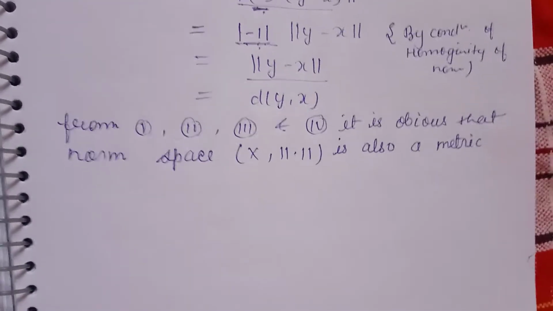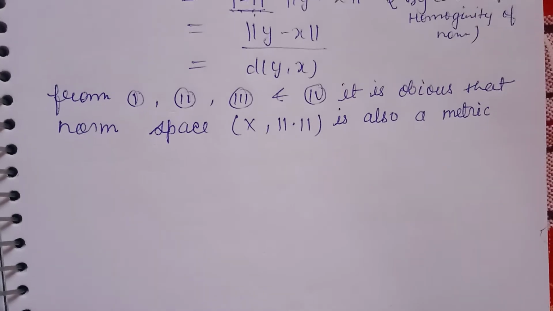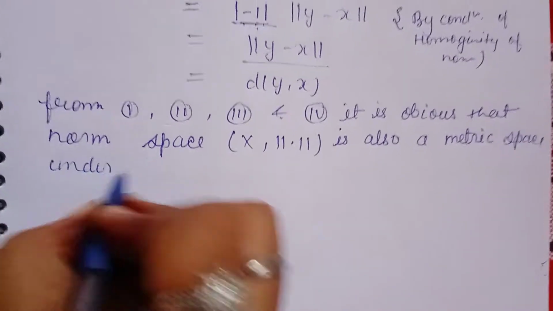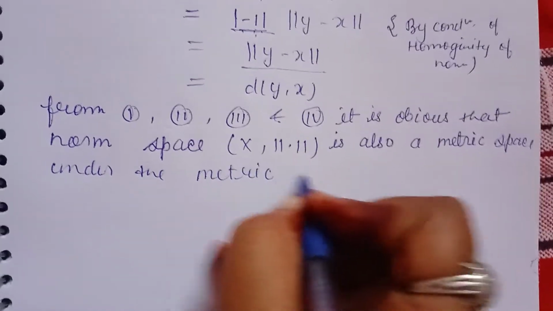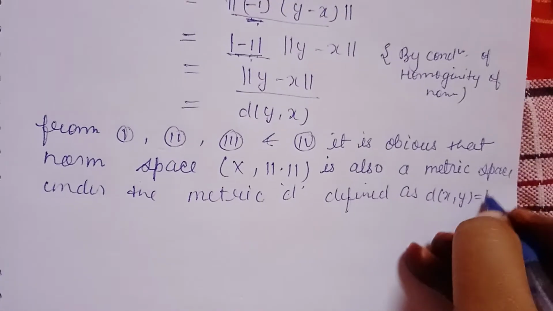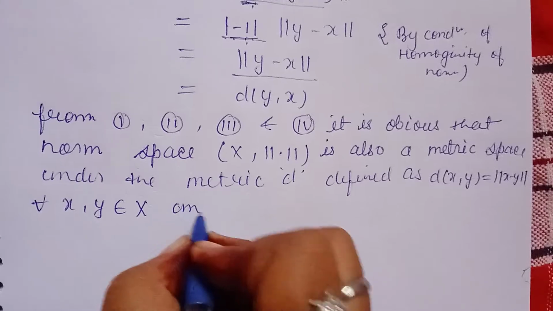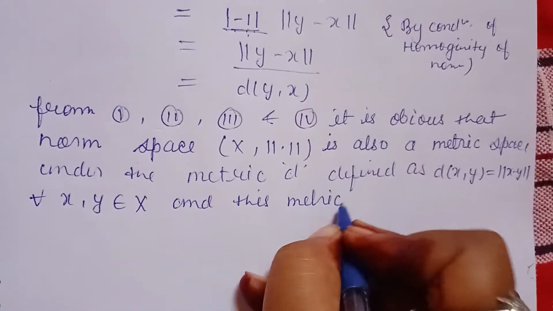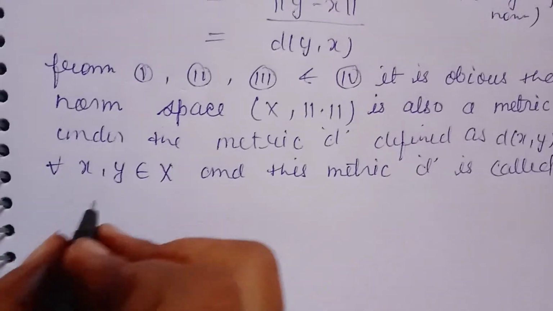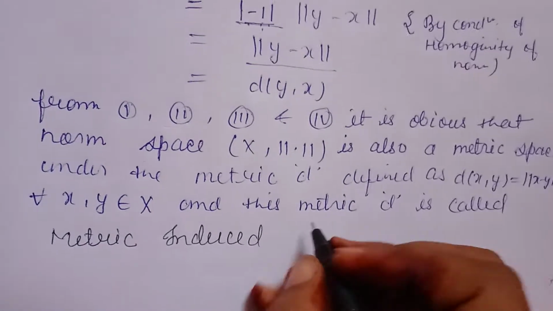Since all four conditions are satisfied, the given norm space also forms a metric space under the metric d, defined as d(x,y) equal to norm of x minus y for all x, y that are elements of X, and this metric d is called the metric induced by the norm.